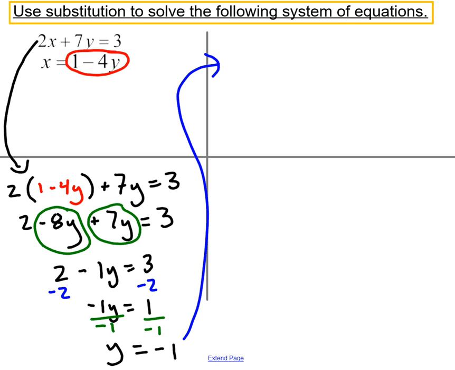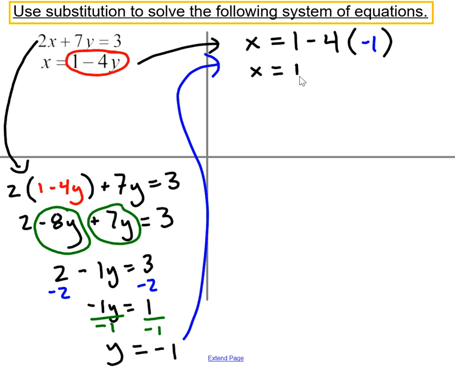So I'm going to go ahead and use this equation. I say x equals 1 minus 4. Instead of a y, though, I know y is equal to negative 1, so I'm going to use that. Now I simplify that as much as possible, so I have x equals 1 minus 4 times negative 1.